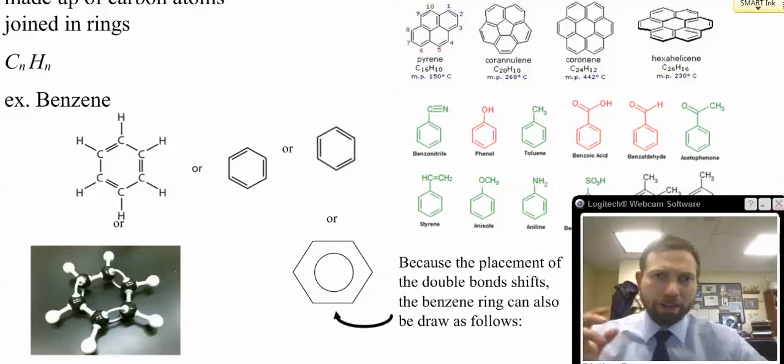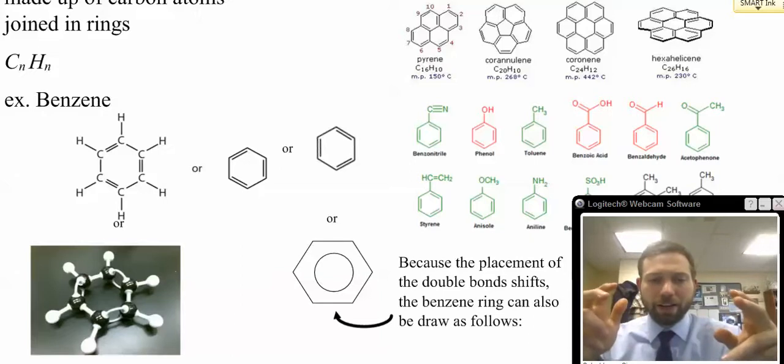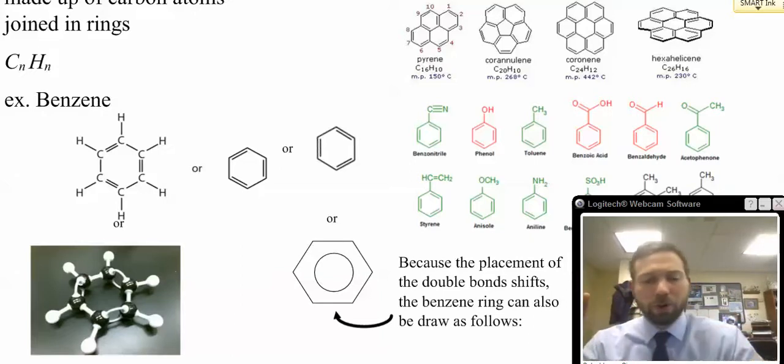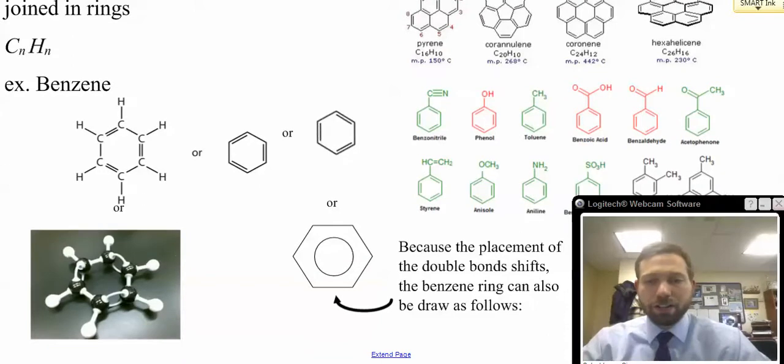When you think of double bonds, remember covalent bonds are just sharing of electrons, so flipping double bonds means you're just moving electrons around this ring of carbons. So we often see this drawn as a hexagon, in the case of benzene, with a circle in the middle to represent the movement of electrons around the middle of the benzene ring.